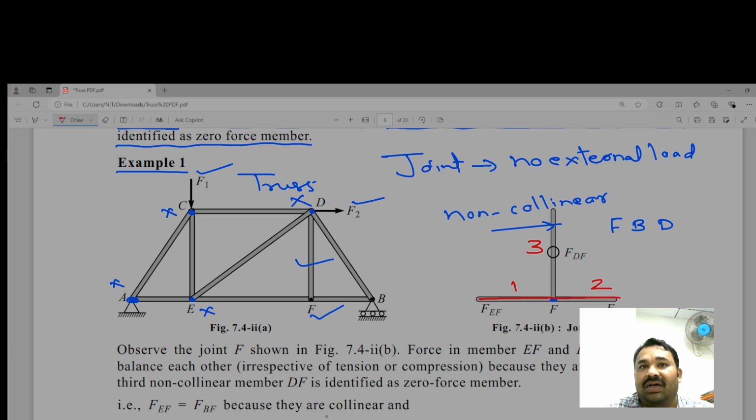So member 1 and 2 both are collinear. As per the condition, FDF is equal to 0. And because it is collinear, FEF is equal to FBF. So in this way we can minimize the calculations.